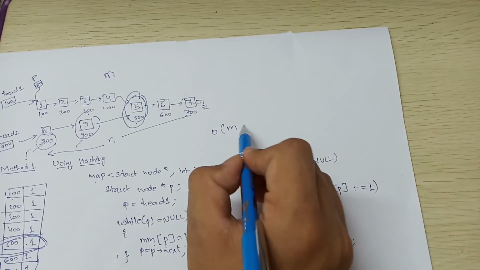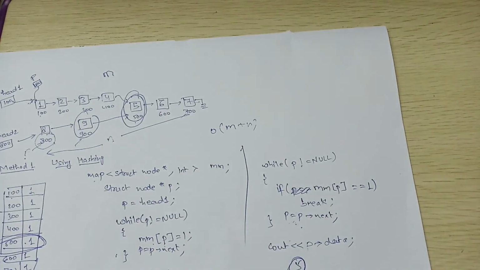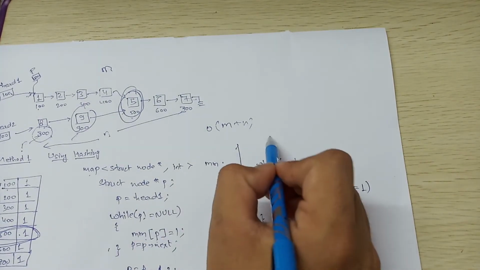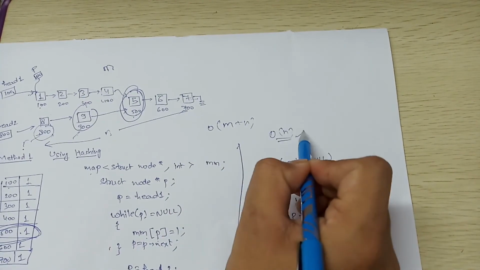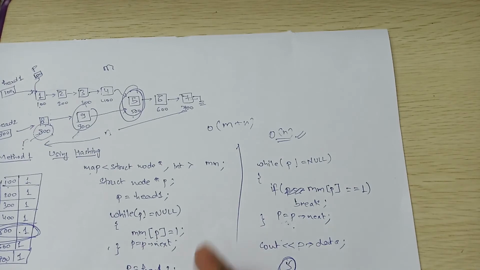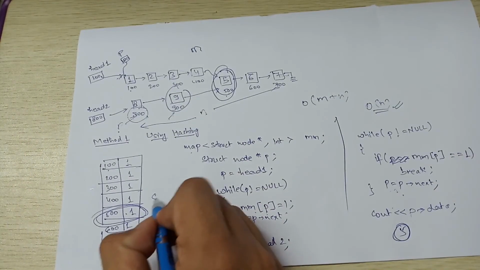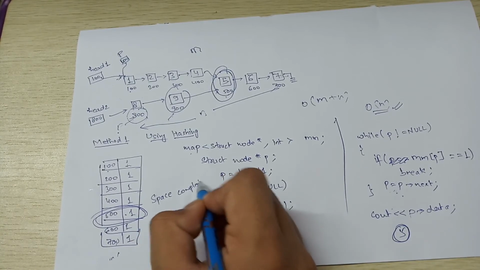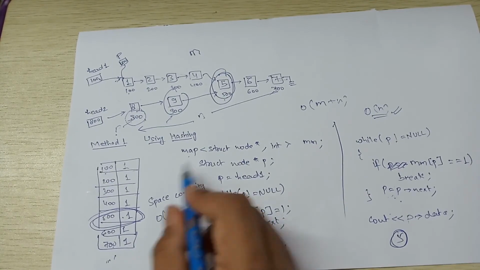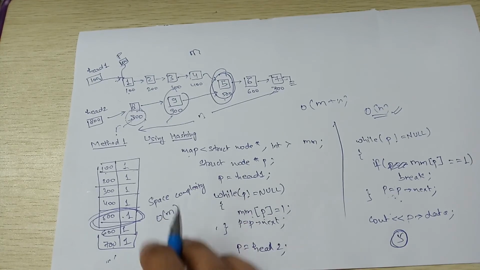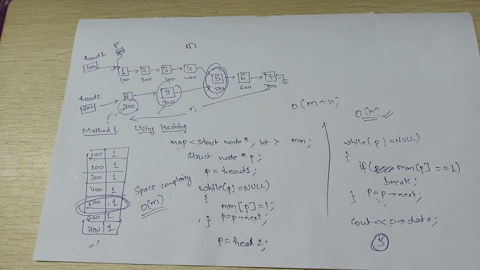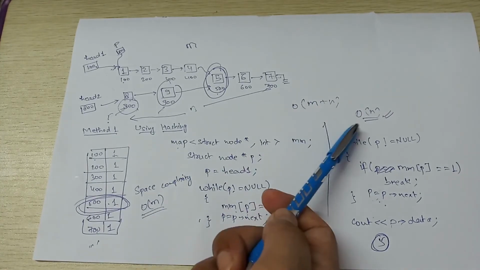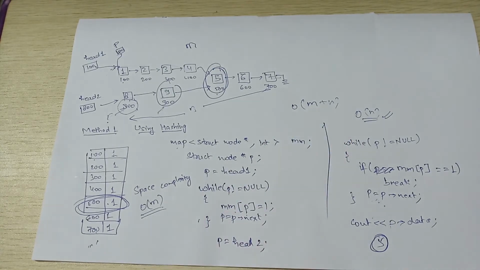So we can say m plus n only, it will not go more than that. So it is linear time complexity. And the space complexity is of order m or n, so it is also linear space complexity. So this is the solution with linear time complexity as well as linear space complexity.